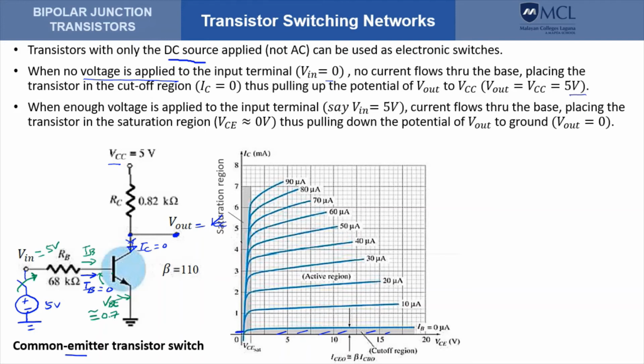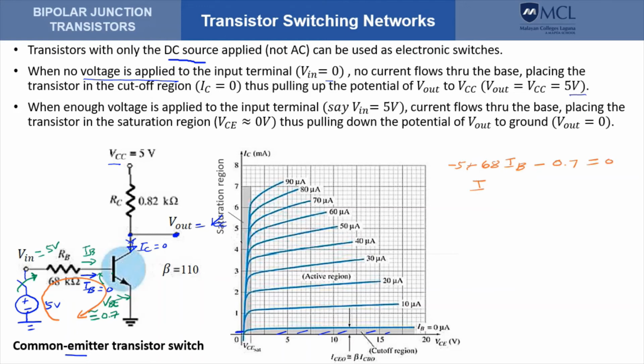So if we perform Kirchhoff's voltage law around this loop, that will give us minus 5 plus 68 I sub B minus 0.7 equals 0.